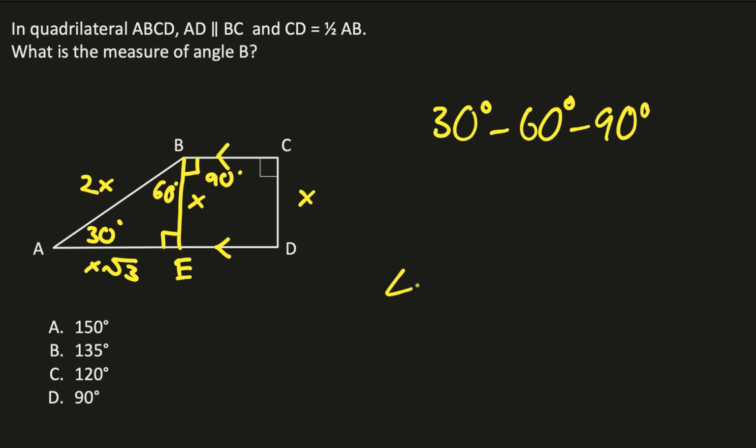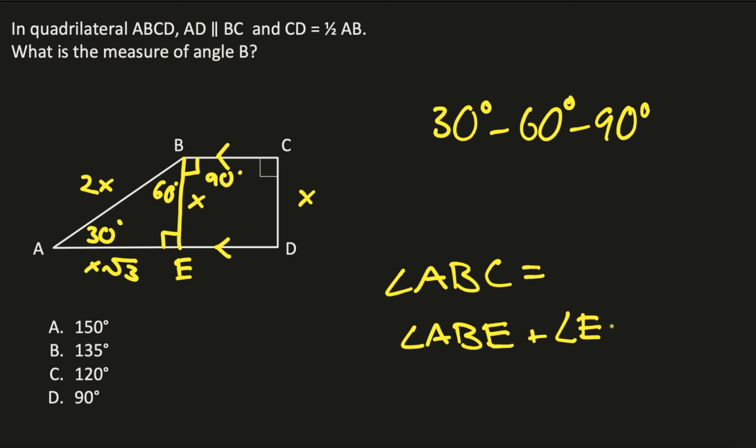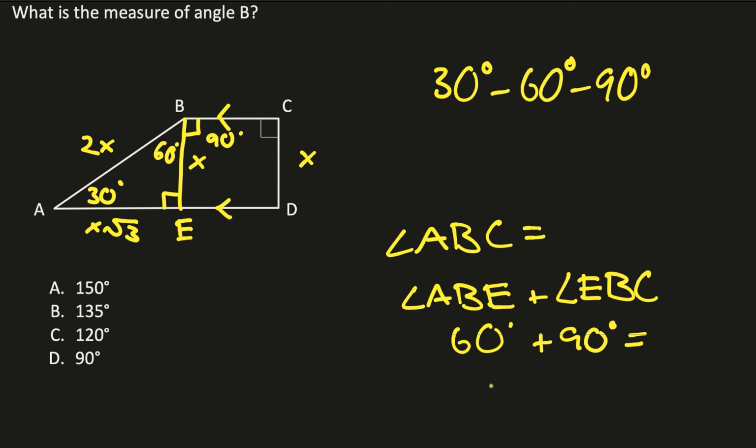So in order to get angle ABC, we have to add up angle ABE and angle EBC. So angle EBC, that's 90 degrees, and angle ABE, that's 60 degrees. So 60 plus 90 is equal to 150 degrees.